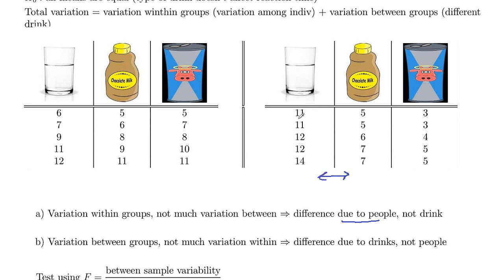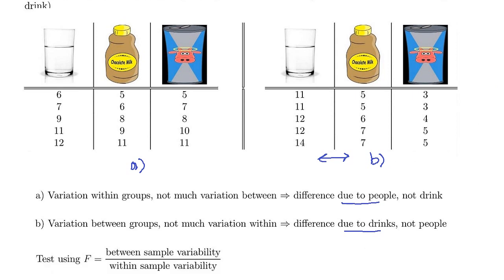So these reaction times are in the 11 to 14 range. With chocolate milk, they drop down to 5 to 7, and with the Red Bull, 3 to 5. So in this case, the difference would be due to the drinks and not the people, because there's lots of variation between groups, but not much variation within groups. So this is case A, and this is case B.